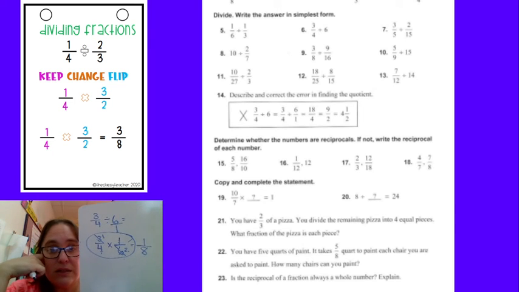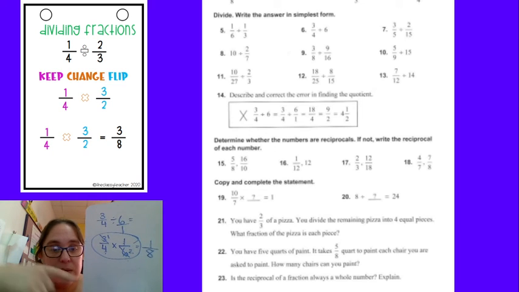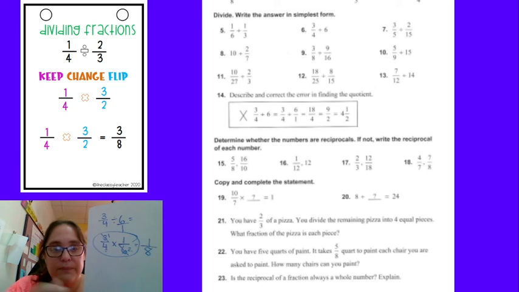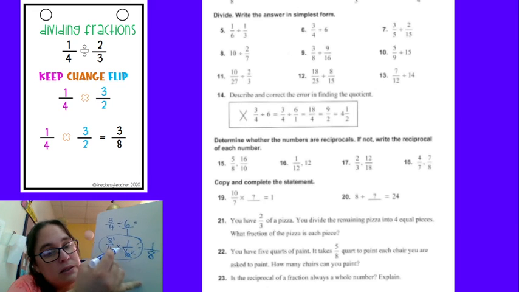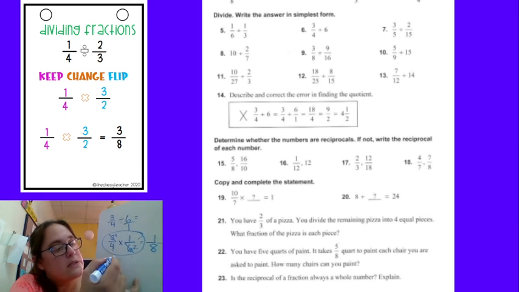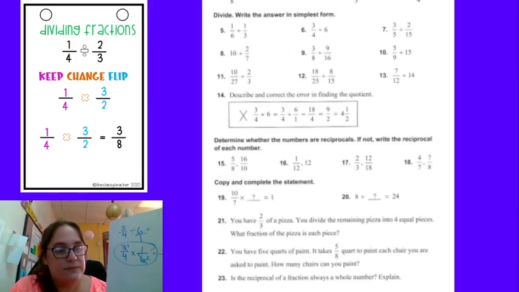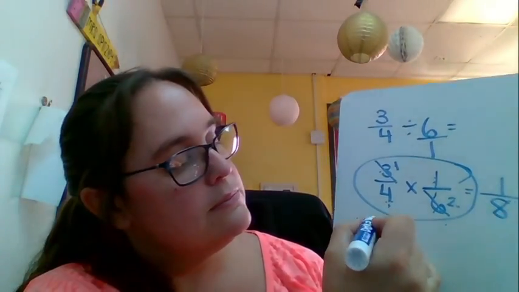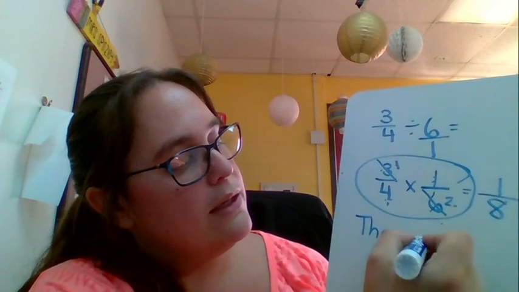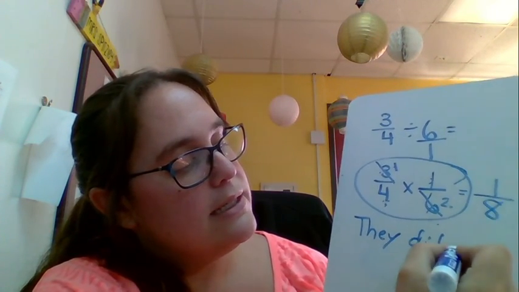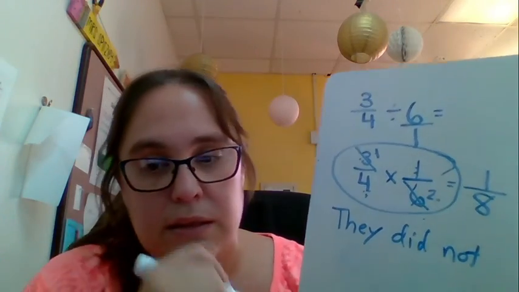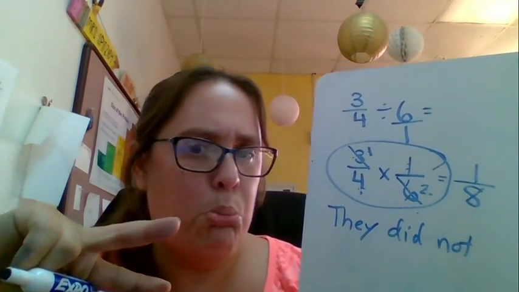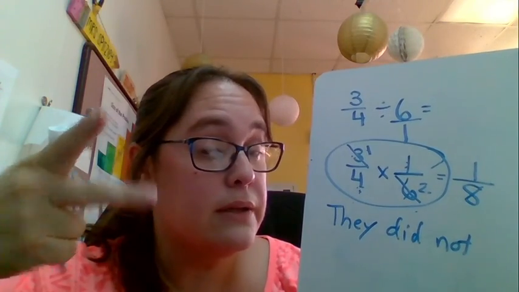So here's your correct answer, because that's one thing, right? They said describe and correct. So we have corrected it. Now we need to describe it. Right, here's what they didn't do. Okay, so we can say they did not. How do you solve a dividing fraction problem? You do two things, right?